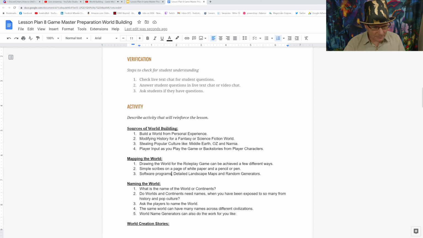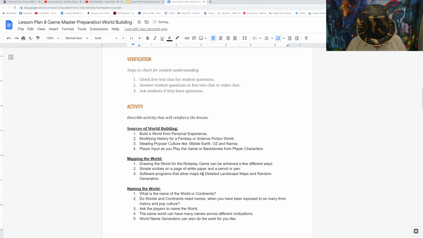Software programs that allow maps to be drawn in detail.